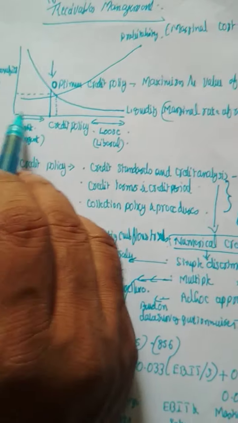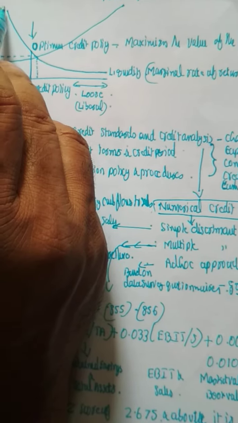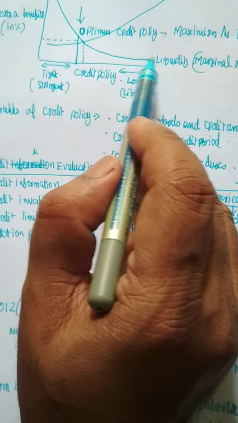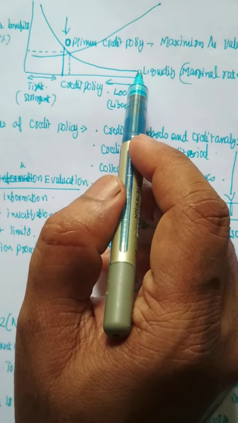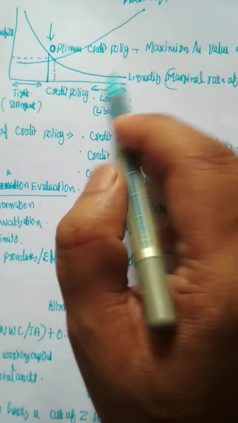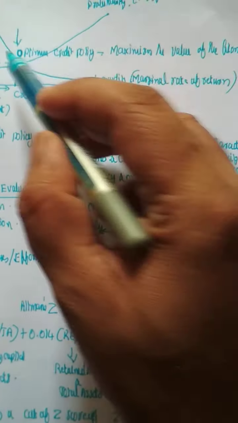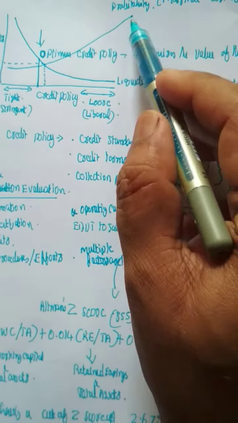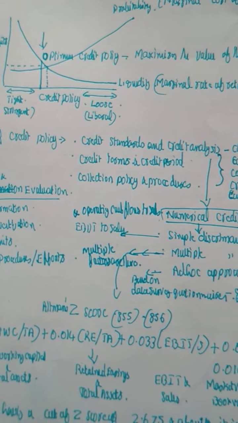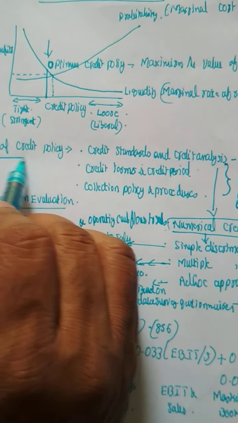In case of a stringent credit policy, what will be the cost? In case of a liberal policy, what will be the cost? With a liberal policy, the cost of credit expenses will be less, and it is in between that the profitability and liquidity decision is made under receivables management.